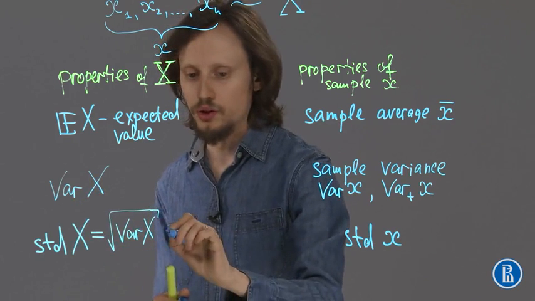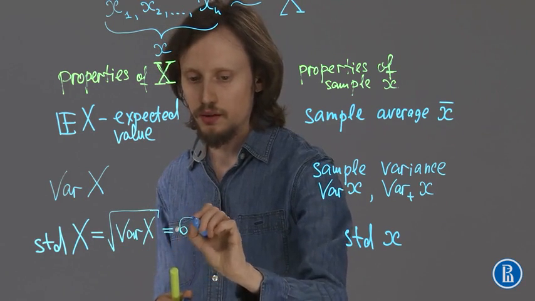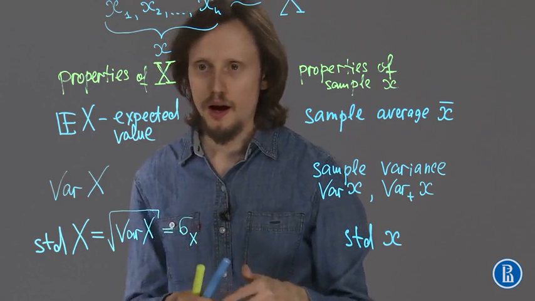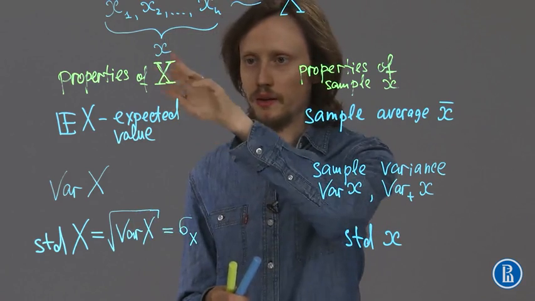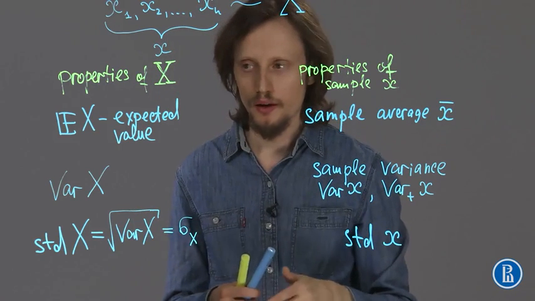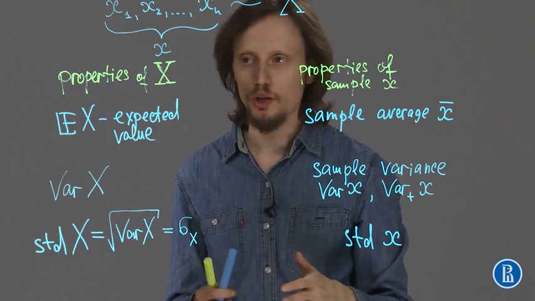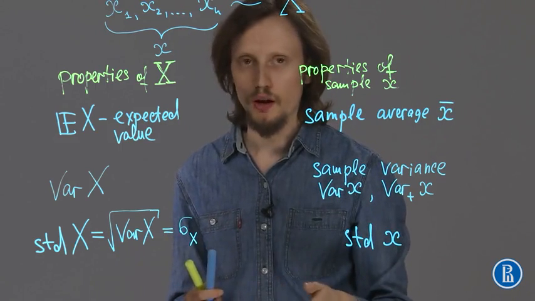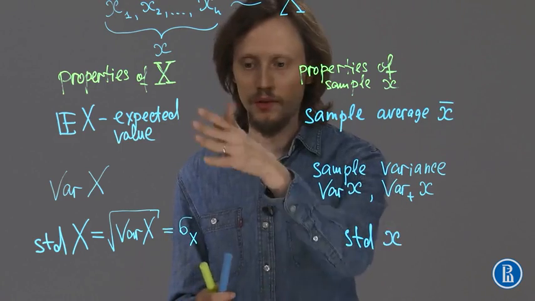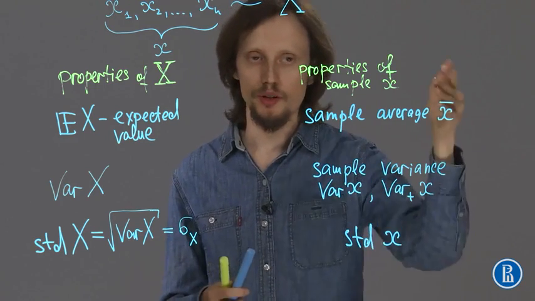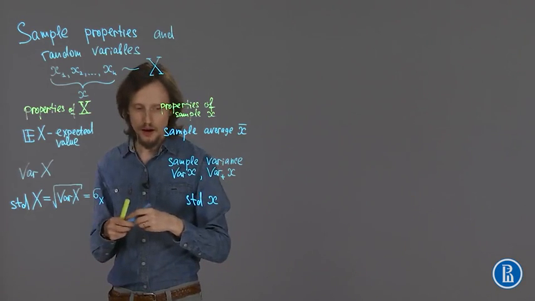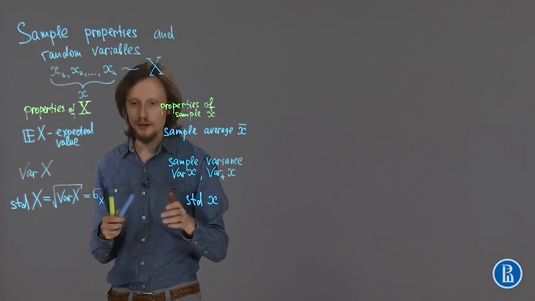This is also usually denoted by sigma with index X capital. By the way, this variable X capital is also usually called a population. So these properties are called properties of population or population statistics. And these properties are called sample statistics. Now, let us discuss median.